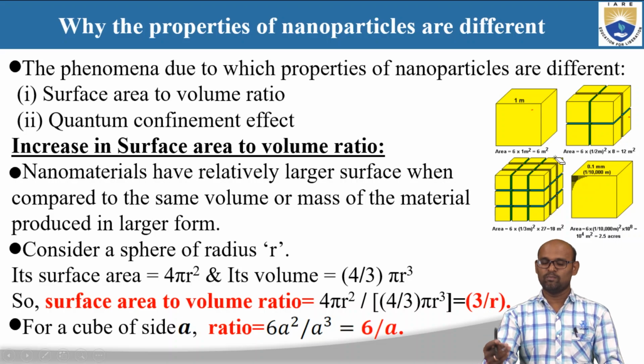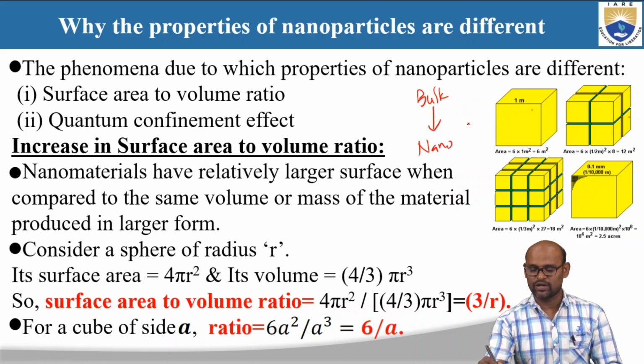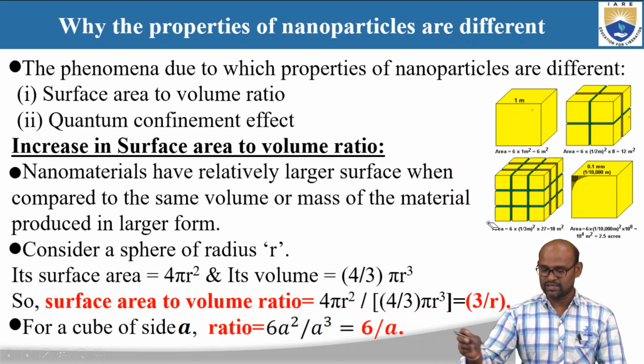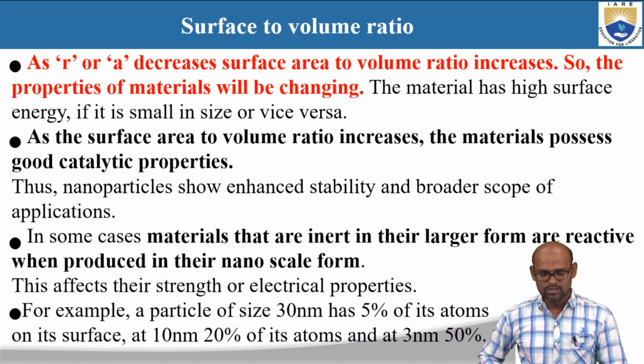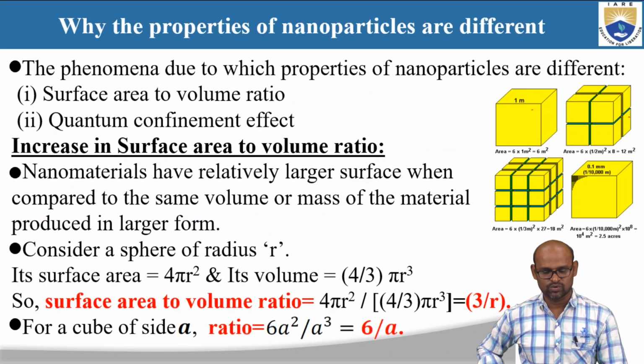So when you go from bulk size to nano size, the surface area to volume ratio will increase. That is what we have proved here by taking the example of the cube. When the surface area to volume ratio increases, materials which are not catalytic will become catalytic, and which are inert will become reactive, and so on.